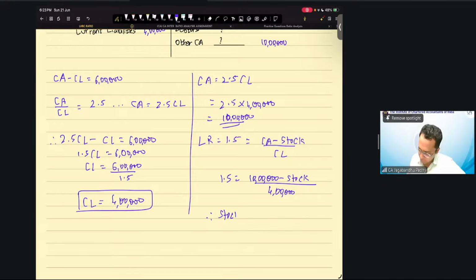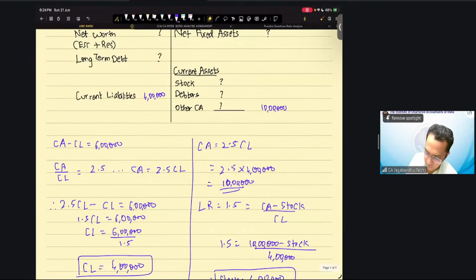So the value of stock is 1.5 into 4 lakh, which is 6 lakh, and that goes to the other side. What is the stock value? Stock is 4 lakh. So we got the value of stock as 4 lakh.